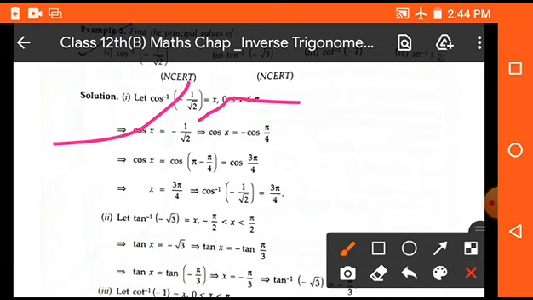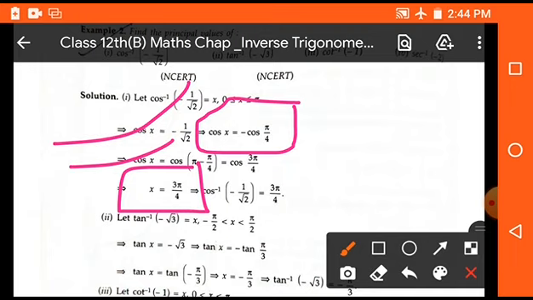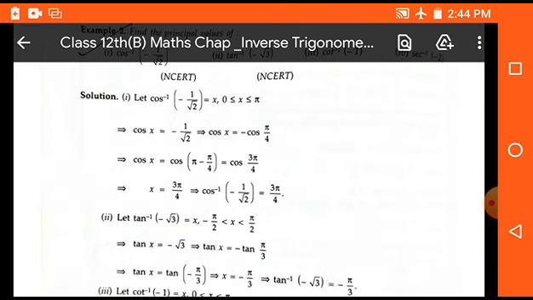So we can write cos x is equal to minus cos pi by 4. Now we can also write it as cos x is equal to cos in bracket 180 minus pi by 4, and 180 minus pi by 4 will be 3 pi by 4. So on equating we get x is equal to 3 pi by 4. So the principal value of this function will be 3 pi by 4.